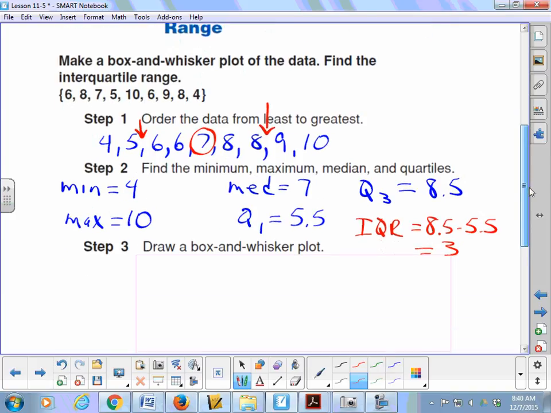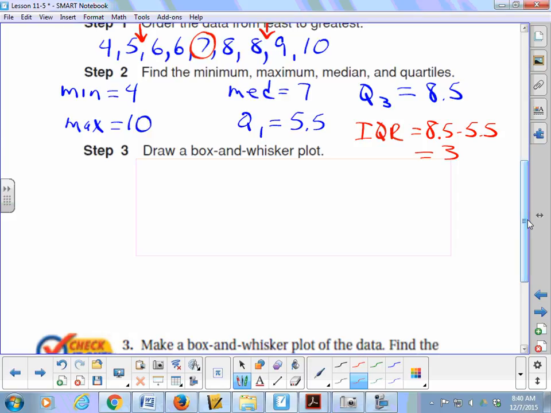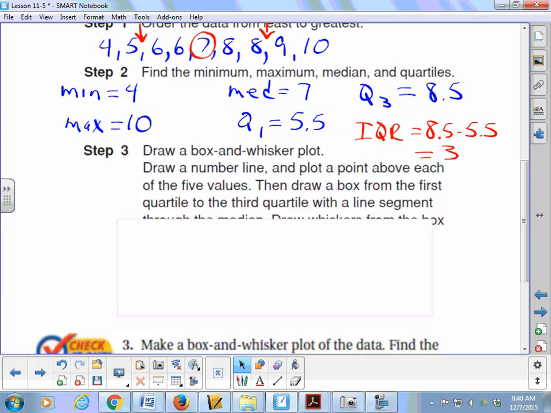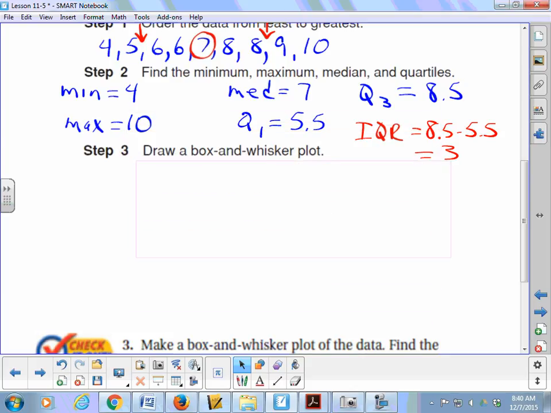All right. So we'll make our plot. Okay. All right, so we need a number line.